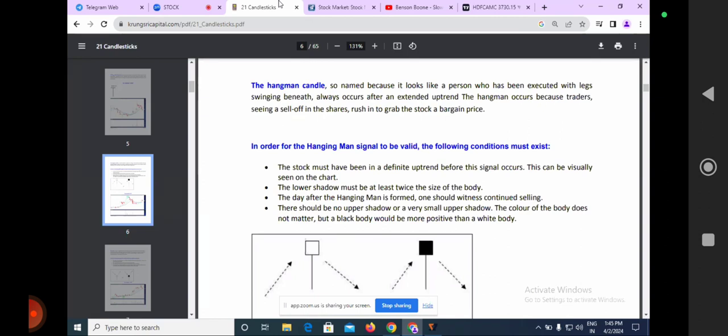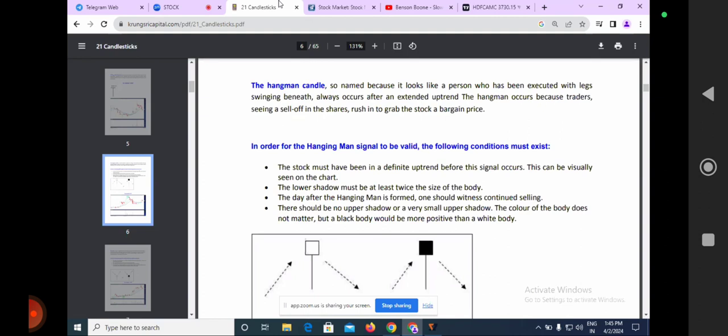A hammer candle only applies when it is formed in a downward trending market. And the hanging man candle is only valid if the market is in an uptrend trajectory.